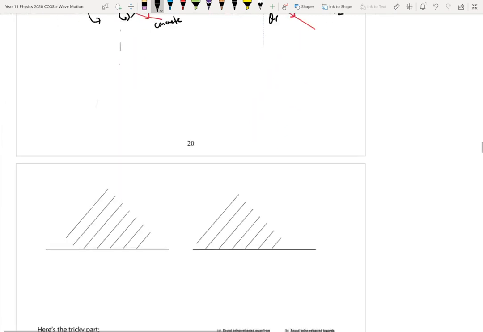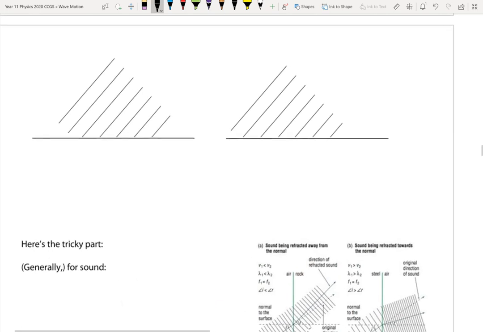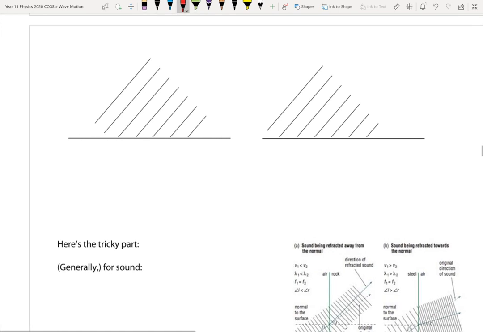Now, over the page, rather than drawing rays, we're now going to try and draw wavefronts. So, first example, I'm going to go from fast to slow, please and thank you. In order to do this, I have to draw in a ray anyway.